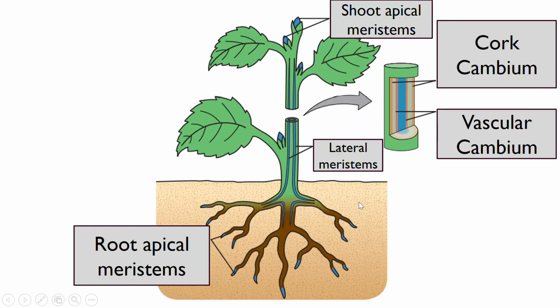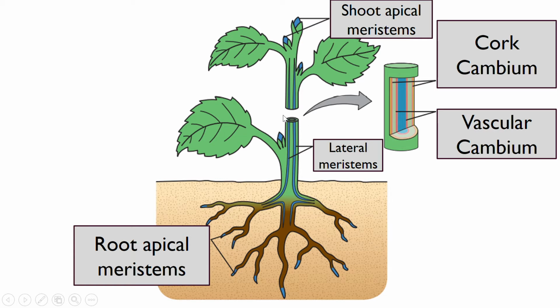Okay. So let's look at this root apical meristems, shoot apical meristems. Yang ini hujung atas, yang ini hujung bawah. Okay, kalau lateral, dia berada di sebelah tepi kiri dan juga tepi kanan.